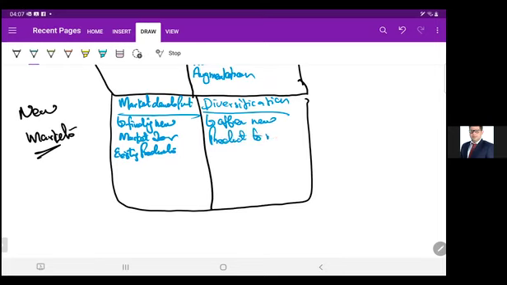Sorry for that. More details: it combines the risks of product and market development. It needs good corporate parenting skills. What are corporate parenting skills? We will look at it later on.